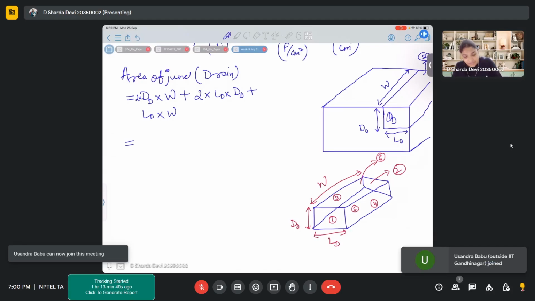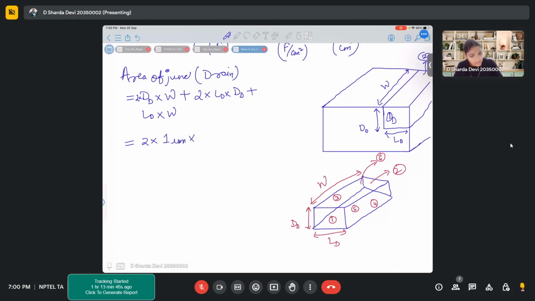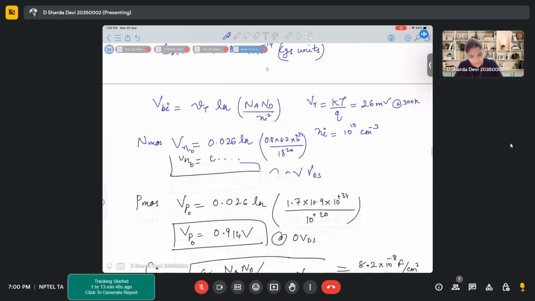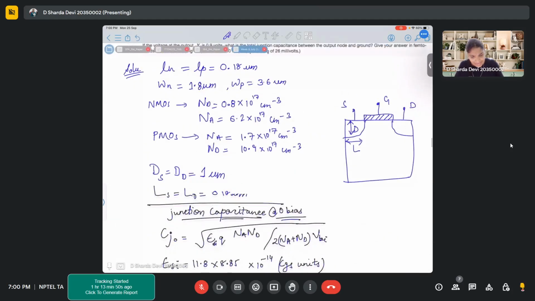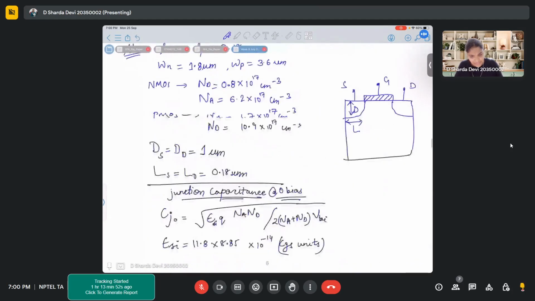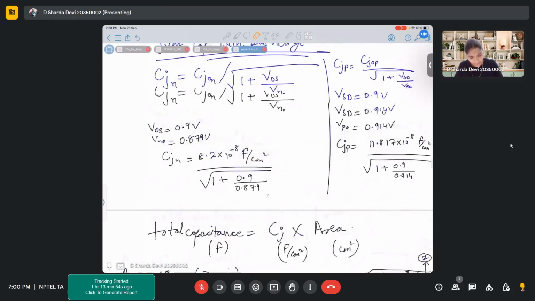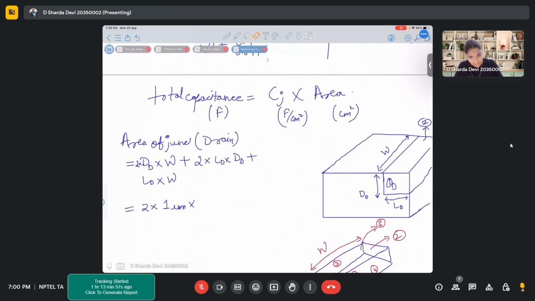Now, if we simply write it down, W was how much? Let's say if we are writing it for NMOS, 1.8 micrometers. This is for NMOS.